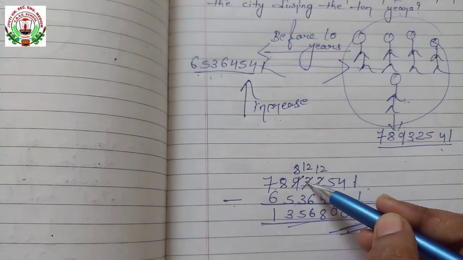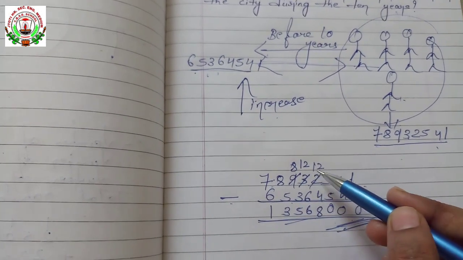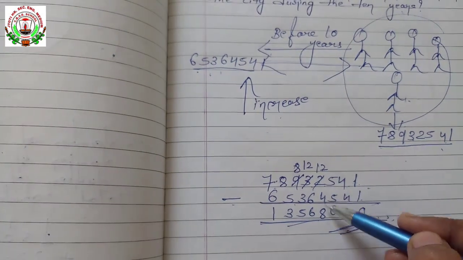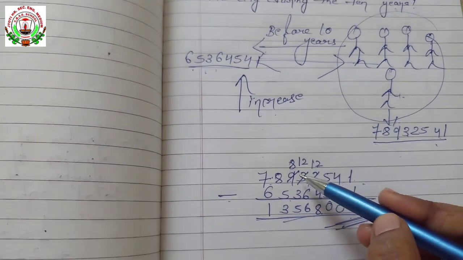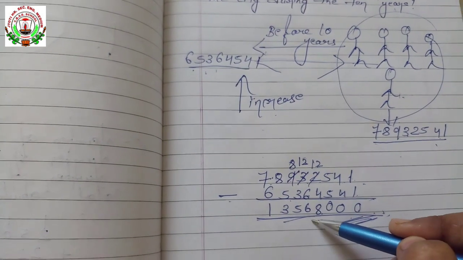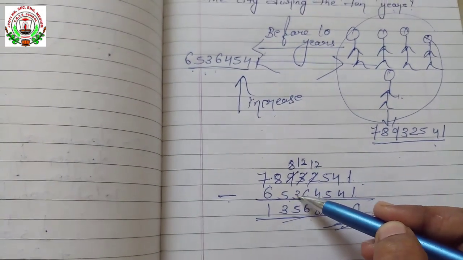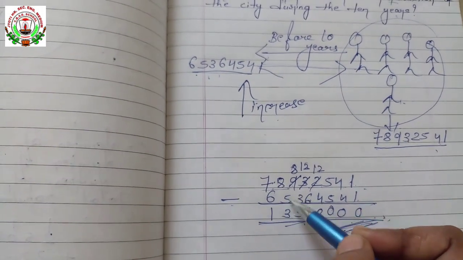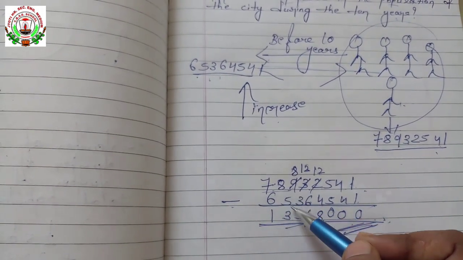Now here we can't subtract 4 from 2, so we have taken borrow from the left side. With this 3 we have taken borrow, so it will become 12. 12 minus 4 is 8. Then again 12 minus 6 is 6. 8 minus 3 is 5. Here we can subtract easily as these are greater numbers.